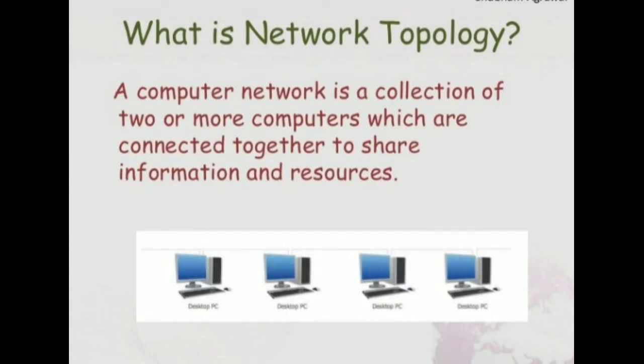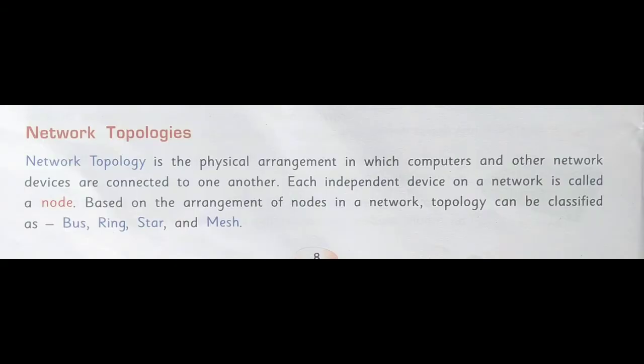What is network topology? A computer network is a collection of two or more computers which are connected together to share information and resources. Or we can say network topology is the physical arrangement in which computers and other network devices are connected to one another. Each independent device on a network is called a node.